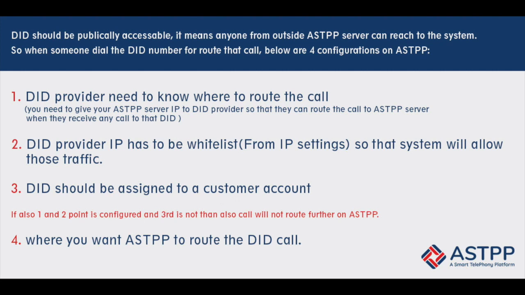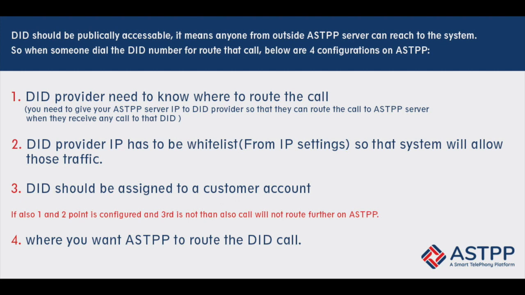So if the first and second points are configured, and the third is not, then also the call will not route further on our ASTPP. Now the last configuration for an inbound call is where you want ASTPP to route the DID call.